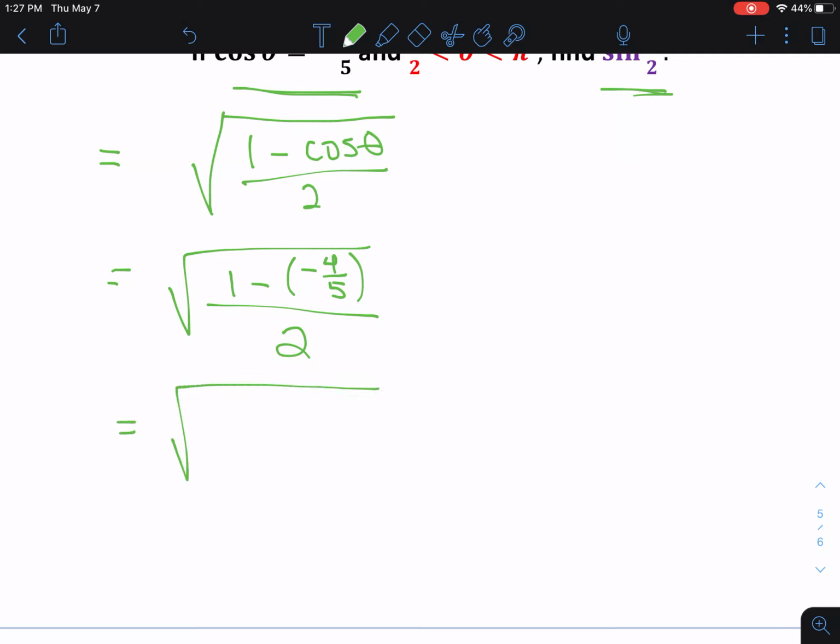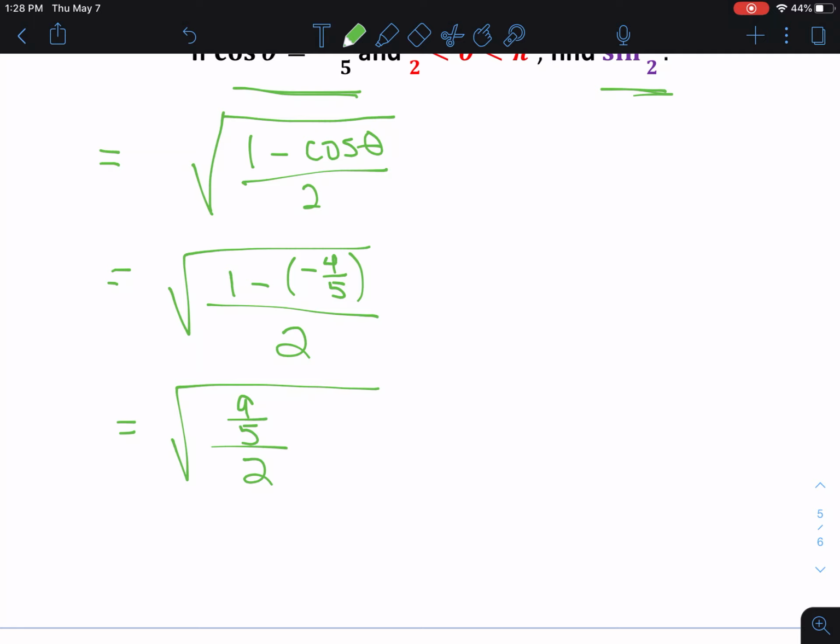Okay, so this really means 1 minus a negative 4/5 is really 1 plus 4/5. So if we think of 1 as 5/5, then if we're putting these together, we should get 9/5 divided by 2.